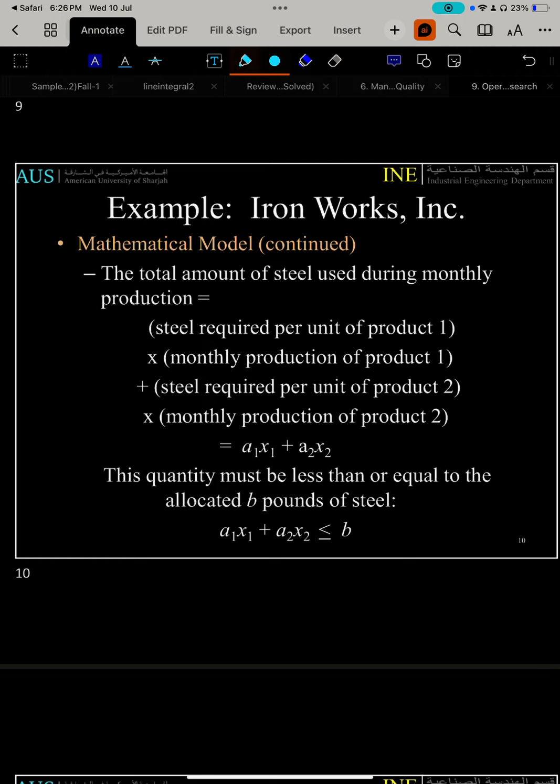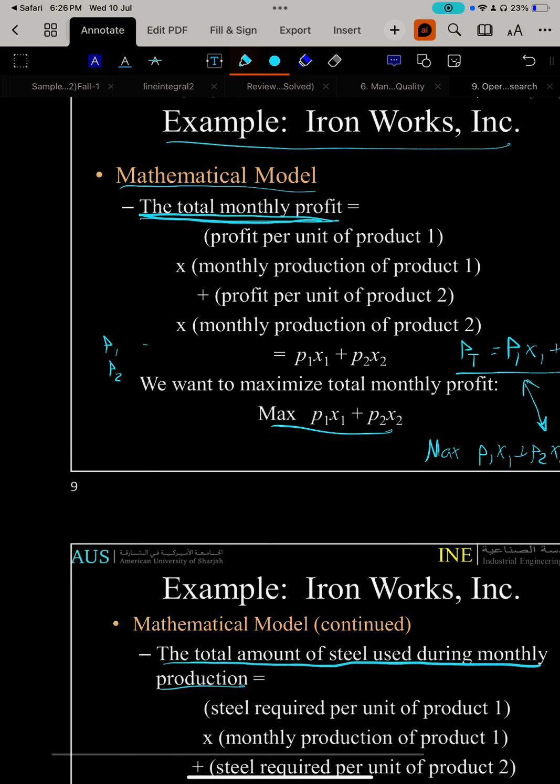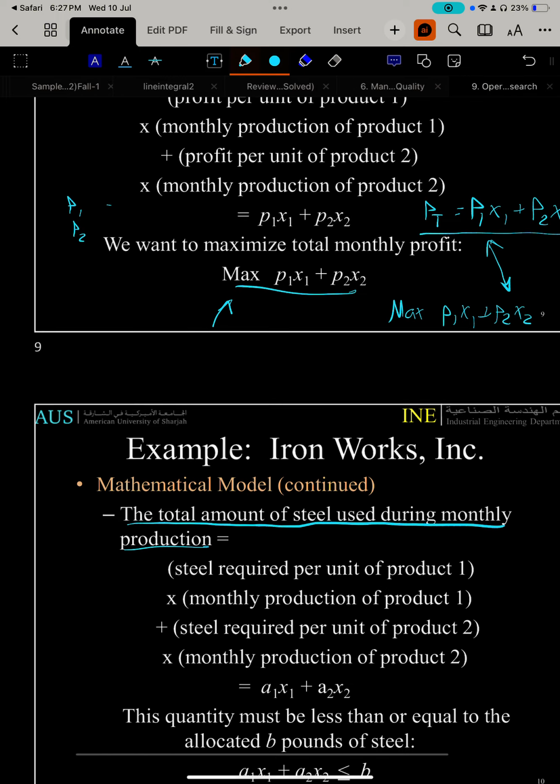Now let's say we have some constraints on the amount of steel that we have. We cannot produce an infinite number of products, because if we want to maximize this we would say infinity, so we produce infinite numbers of x1 and x2 to maximize profit.